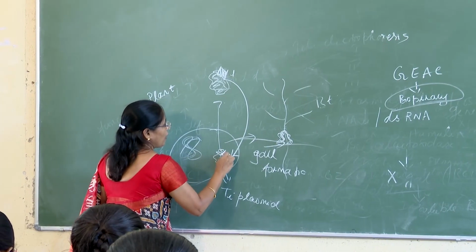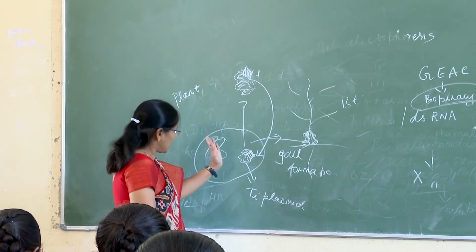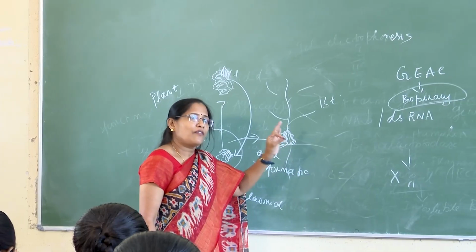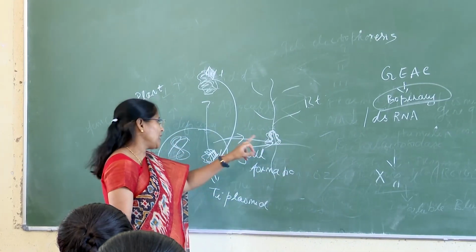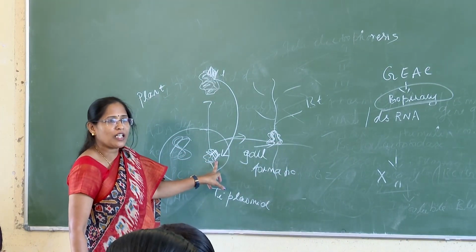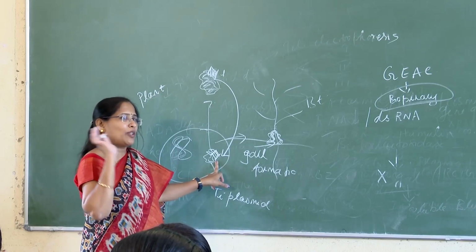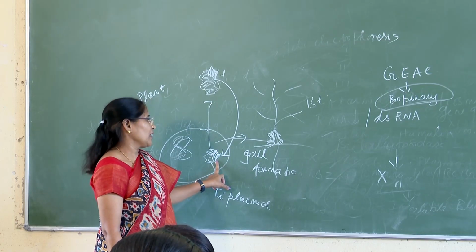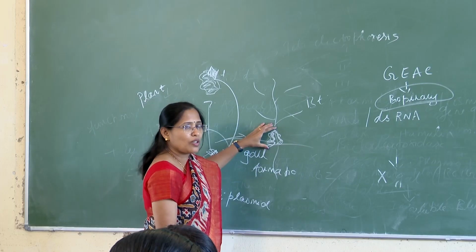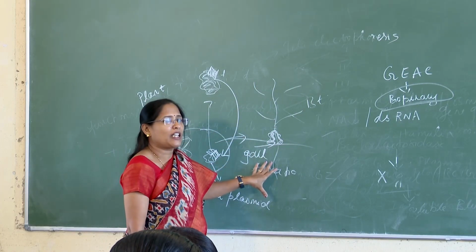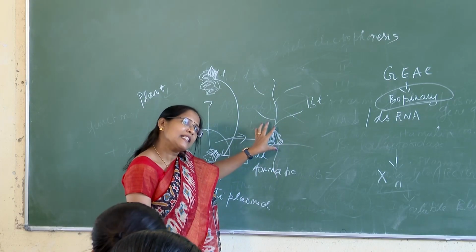Now it has my gene of interest. Let it infect the plant. Whichever cell it infects, that cell will have my gene of interest. That's how they will do it. But it will not cause gall formation throughout the plant. It will cause it only in a particular cell.